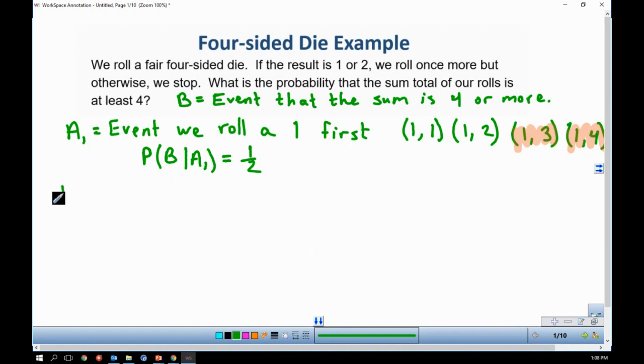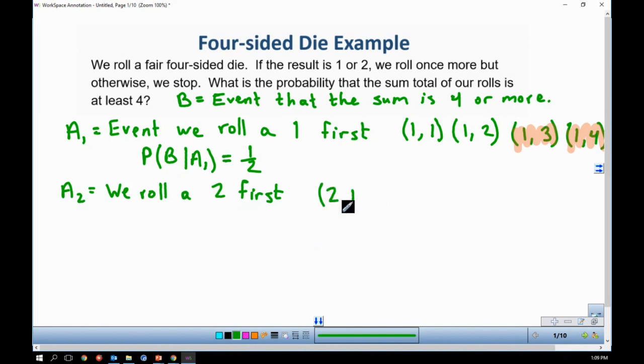Okay, let's look at A2. So A2, we roll a 2 first. So now, if I roll a 2 first, what happens? Do I stop or keep going?